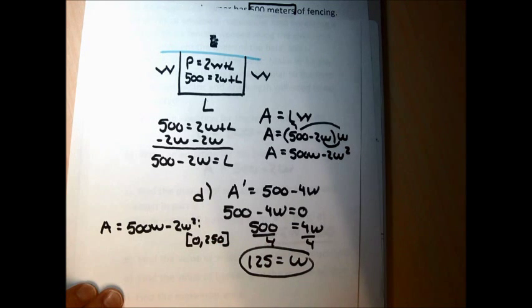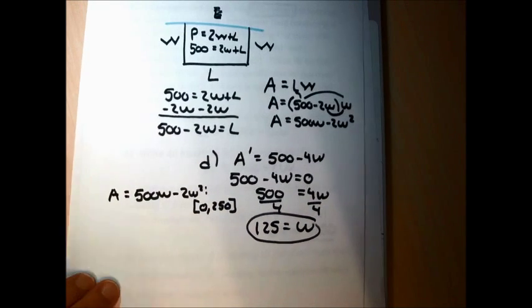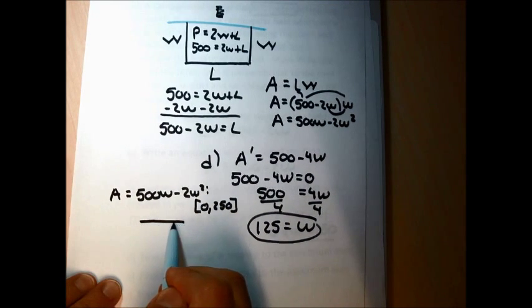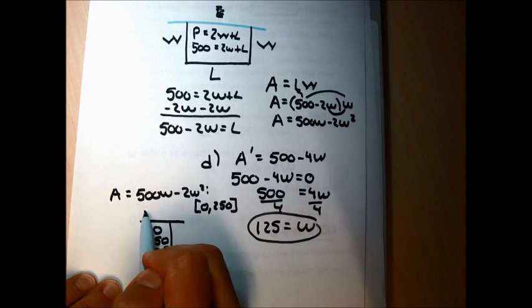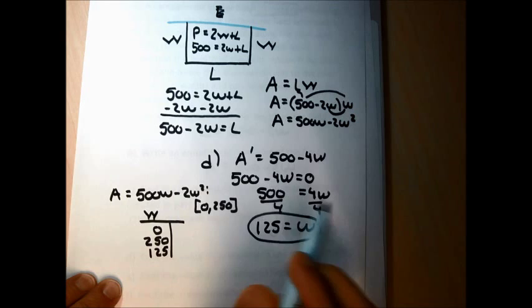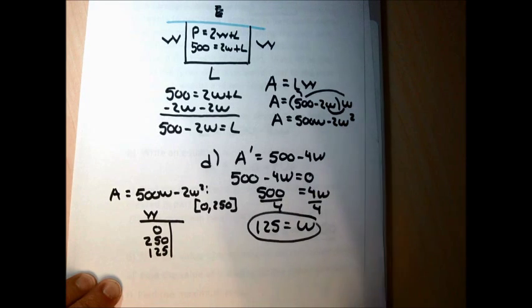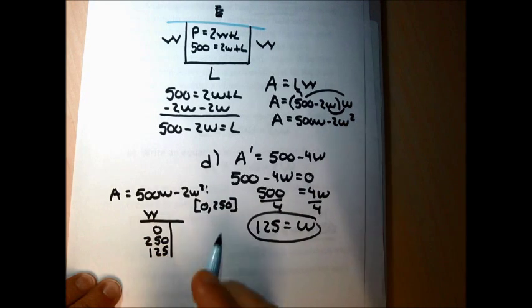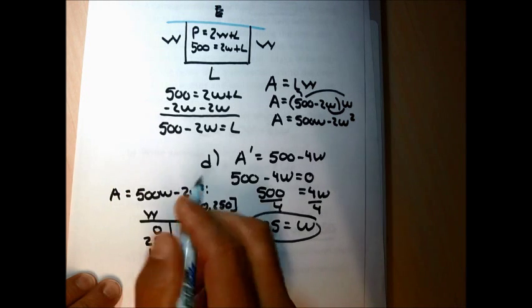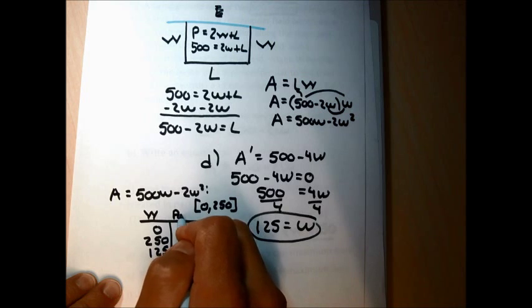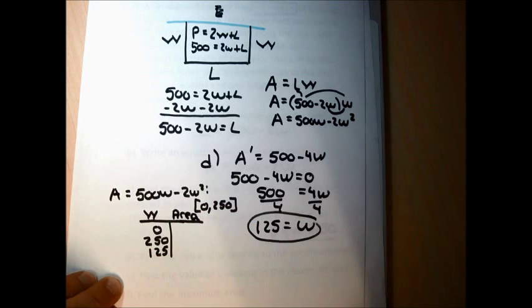So when I go to do my table to find out the value of W that's the absolute maximum, I'm going to make a table. I'm going to write a 0, a 250, and then the critical number of 125 in the table. Those are going to be my widths because the x in this equation is a W. To the left of the equal sign, I get an A instead of a Y, and an A stands for area, so the Y's are going to be my area.